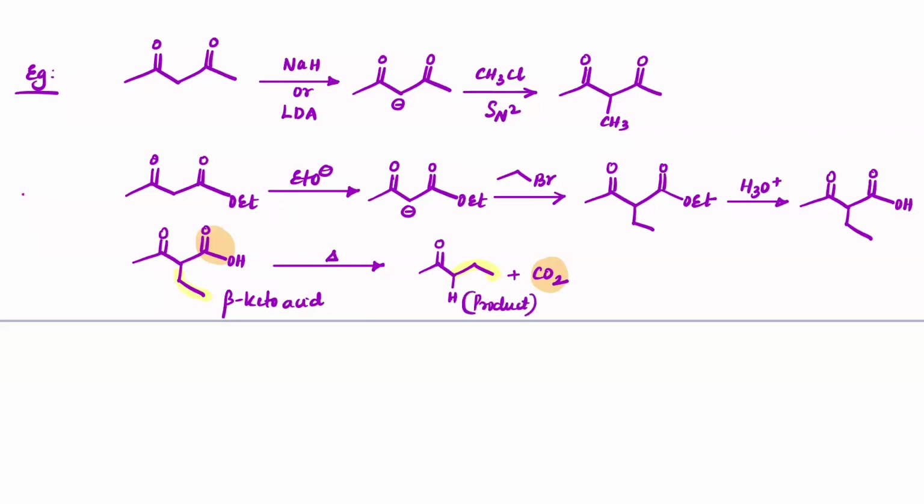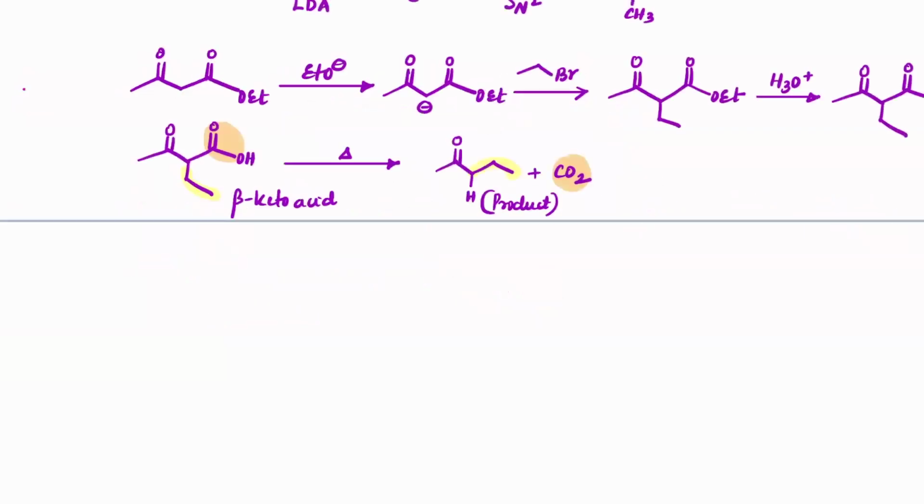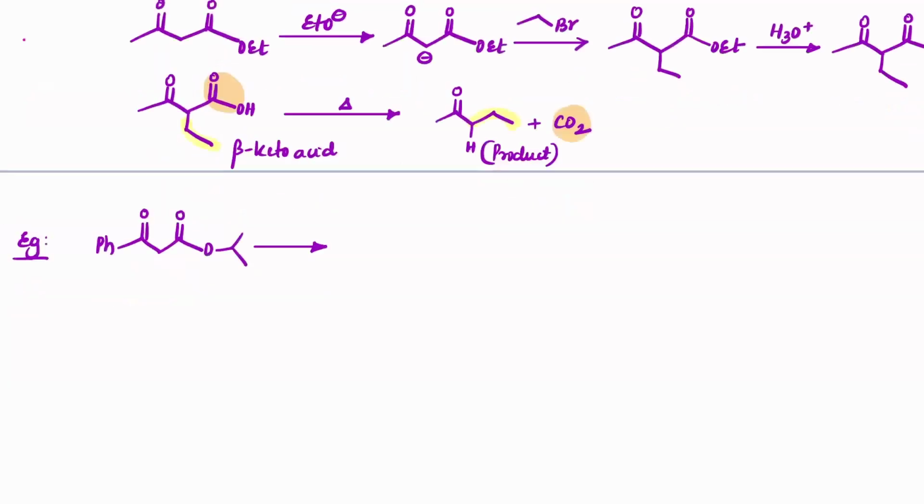On similar lines, I'll give you one more example. Please check this out. Suppose I have phenyl and I have double bond O, and O with isopropyl here. Okay, this way.